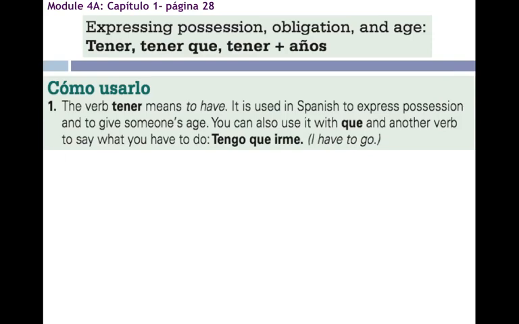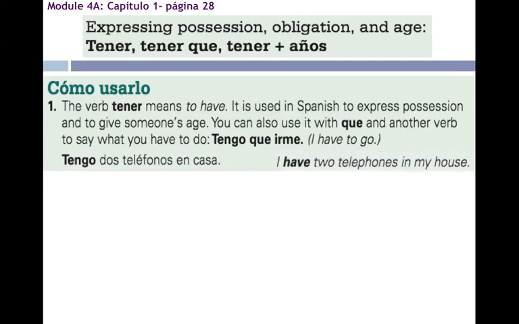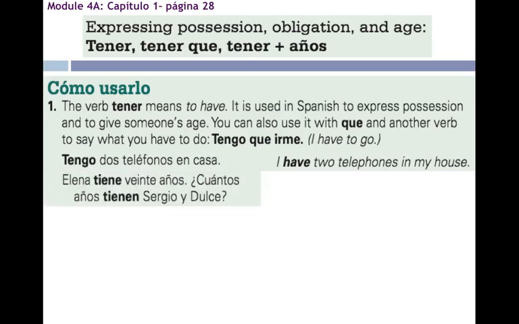So let's look at some examples. Repitan, por favor. Tengo dos teléfonos en casa. Elena tiene 20 años. ¿Cuántos años tienen Sergio y Dulce?